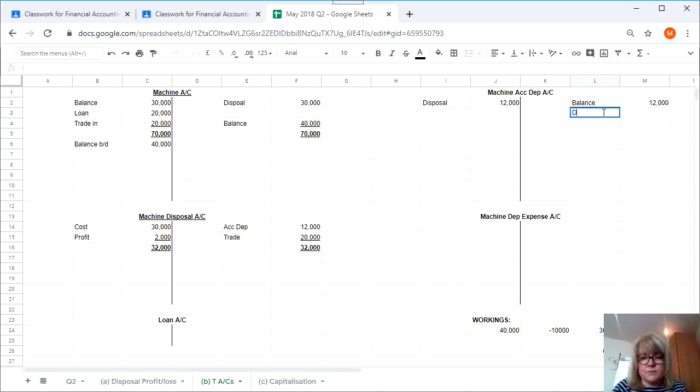So the expense for 2017 will be 6,000, and I will be showing that then debit the expense account with the depreciation on the machine of 6,000. So that's the debits and credits of that, and that's it. Then I can balance out those accounts.